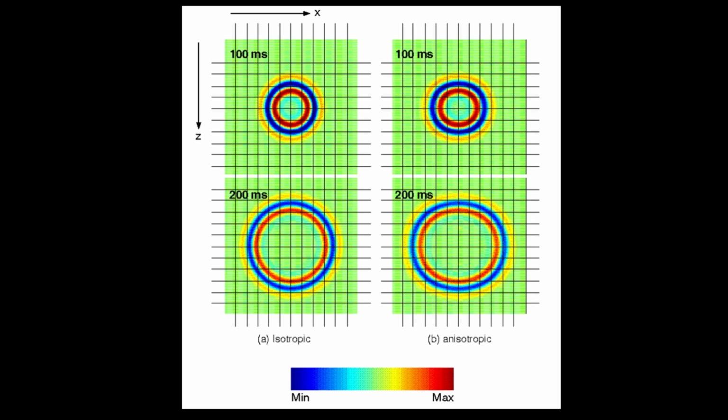Notice that the speed of wave propagation in the first case, that is, the isotropic case, does not depend on direction or the axis system, whereas in the second case, that is, anisotropic case, it does. That is the difference between wave propagation in an isotropic media and in anisotropic media.